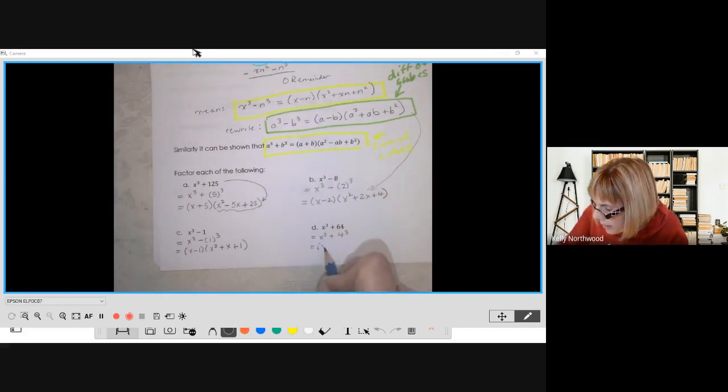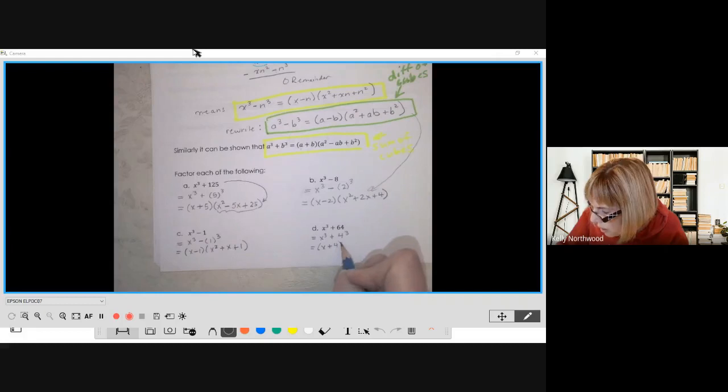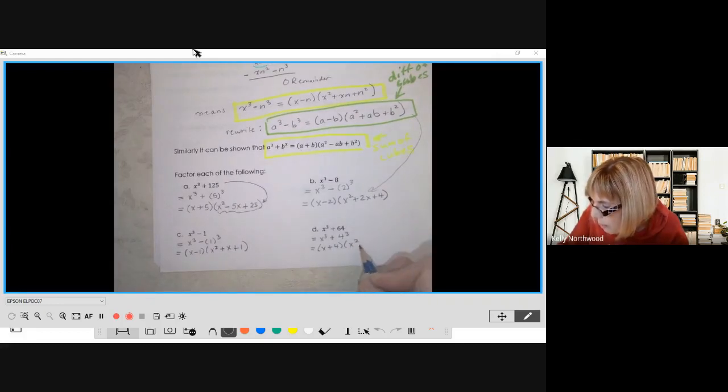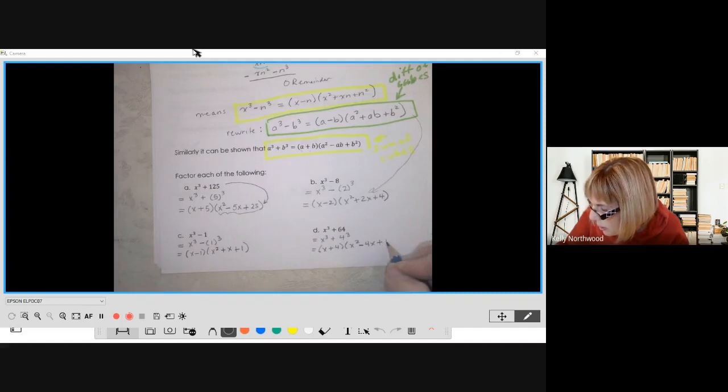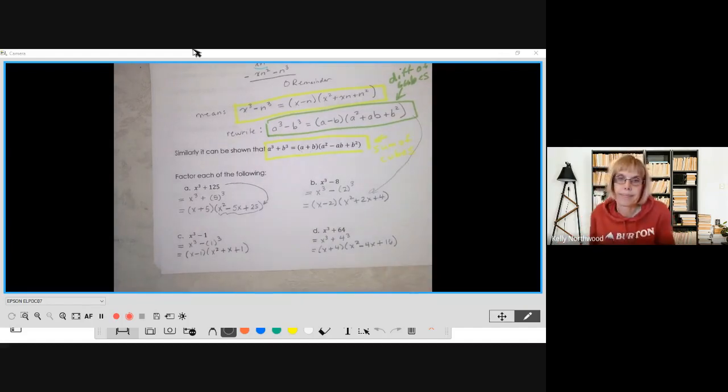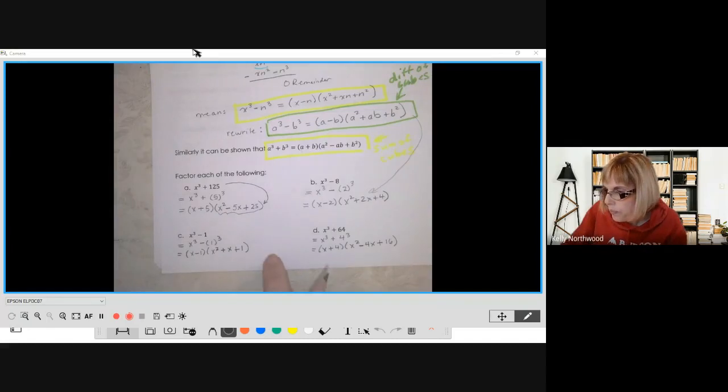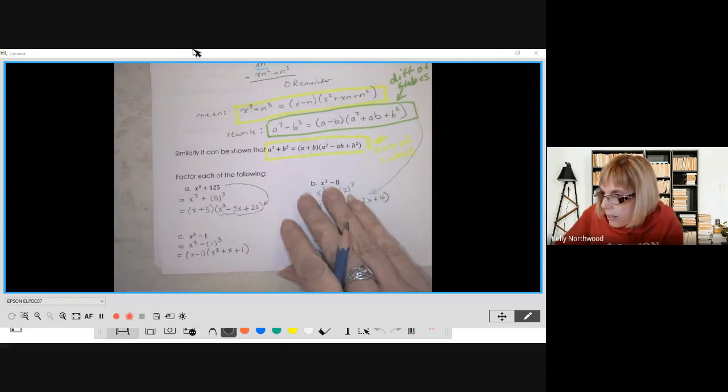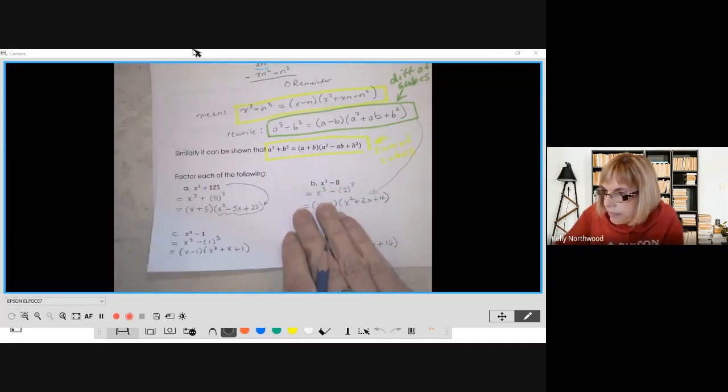So it's going to be x plus 4 times x squared minus 4 times x, so 4x, plus 4 squared, which is 16. Okay, so keep this out, so at least you have the formulas. We'll be using them a little later on.